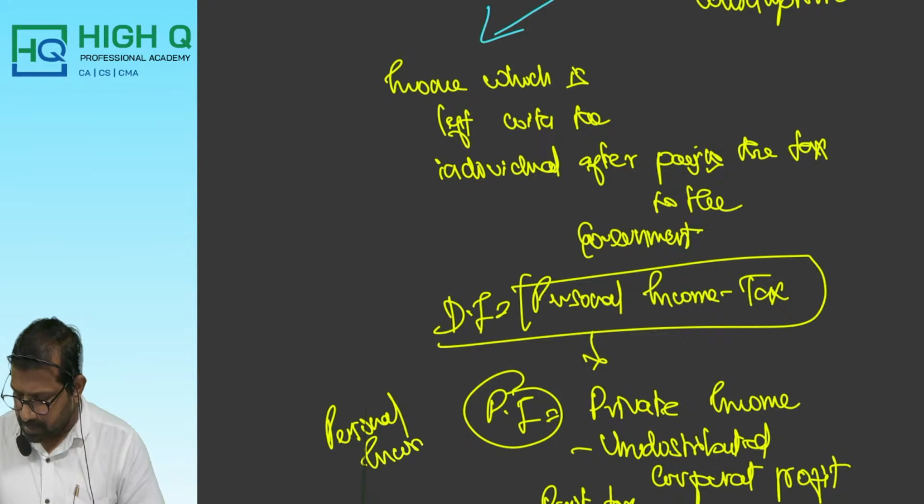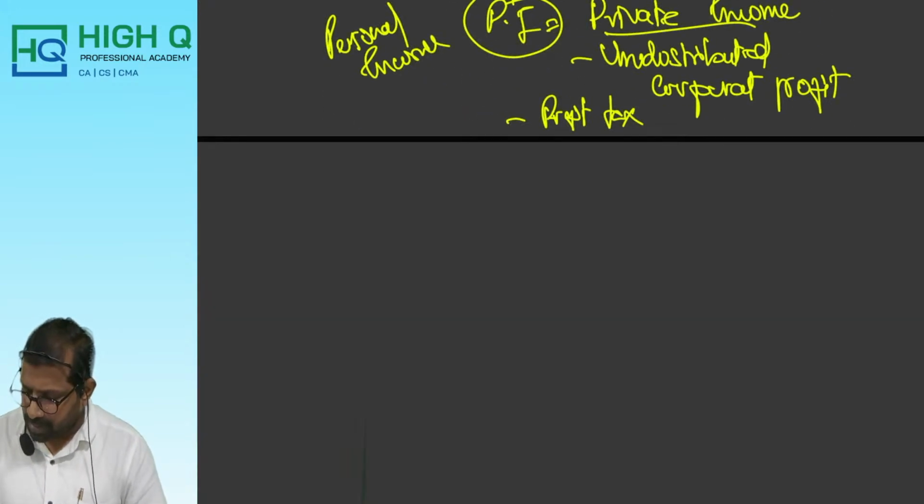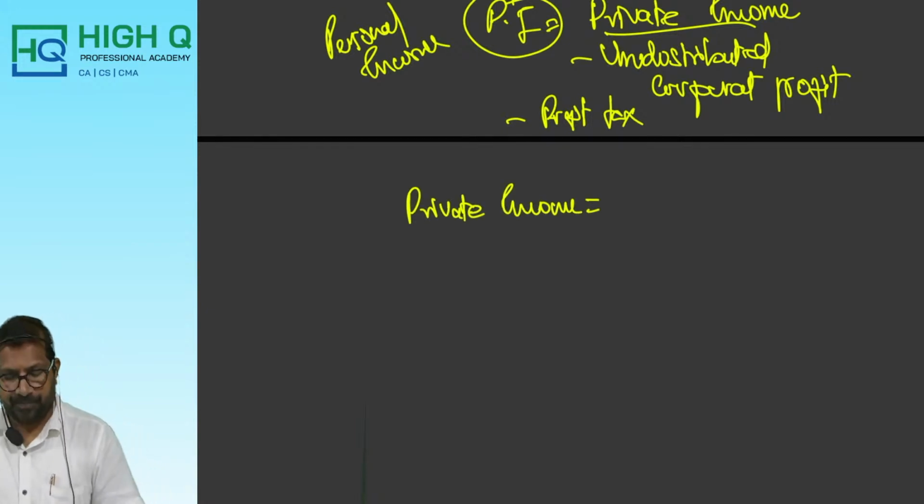So this one is called personal income. Again here I mentioned private income. Now again you may have a doubt, sir, what is the formula for private income?